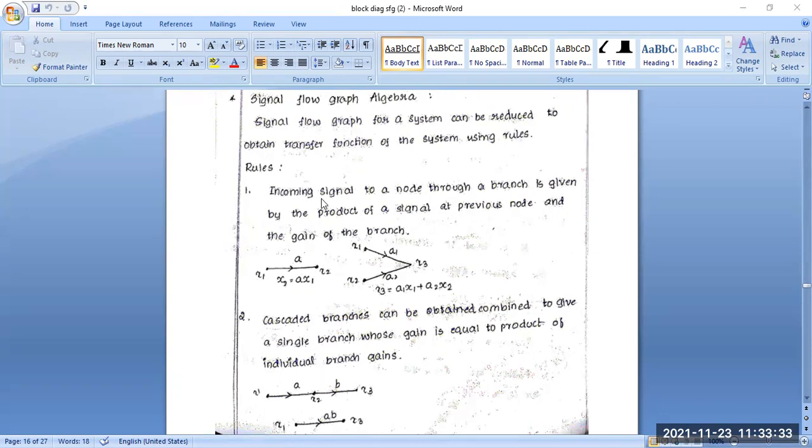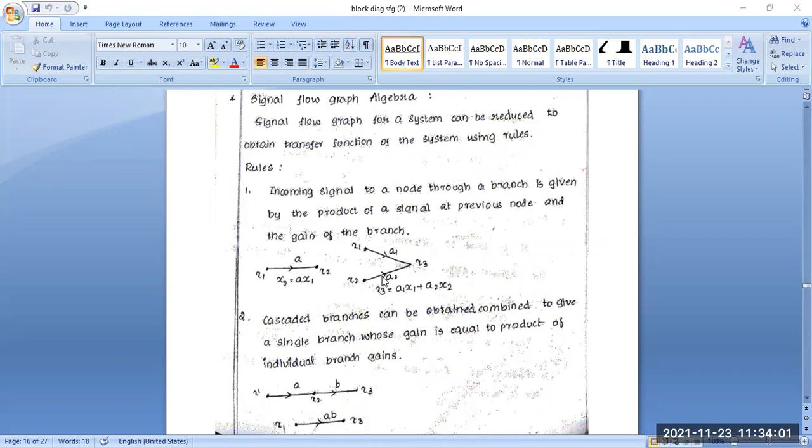First, the incoming signal to a node through a branch is given by the product of the signal at the previous node and the gain of the branch. Okay, so here you can see this is a single node, x1 and x2, and the gain is a forward gain. So we can easily calculate the output here, that is x2 equals a x1.